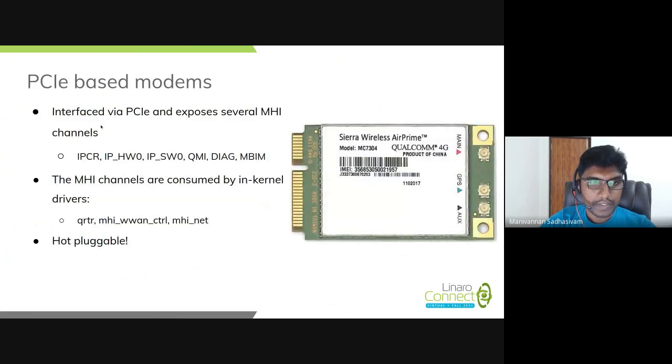Next one on the list is the PCI-based modems. These modems are primarily used in the PCs as well as in the laptops, and these are interfaced to the motherboard through the PCI Express slot.